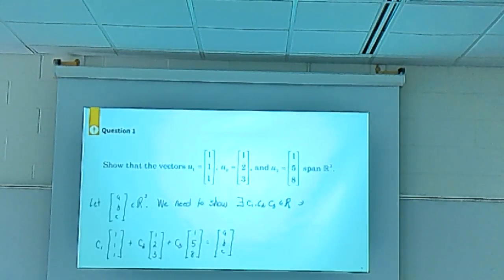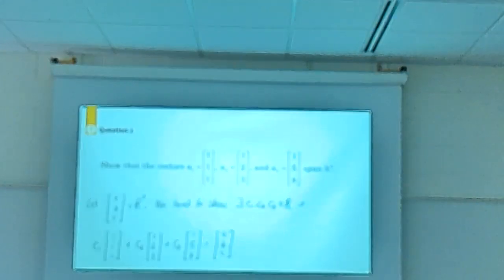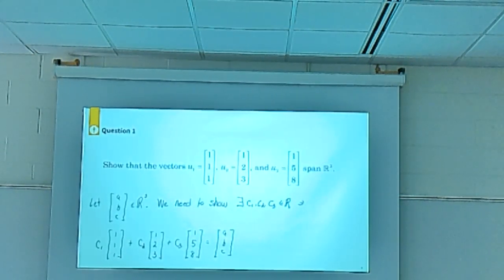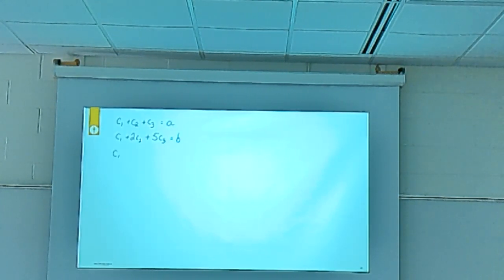C1 plus C2 plus C3 is A. Second equation in the system: C1 plus 2C2 plus 5C3 equals B. The third equation: C1 plus 3C2 plus 8C3 equals C, right? That is our system.